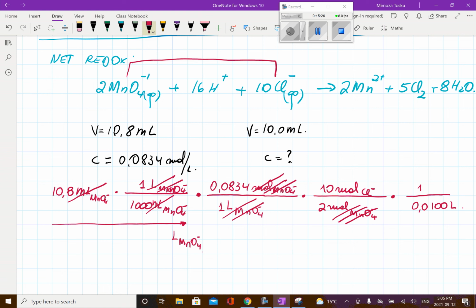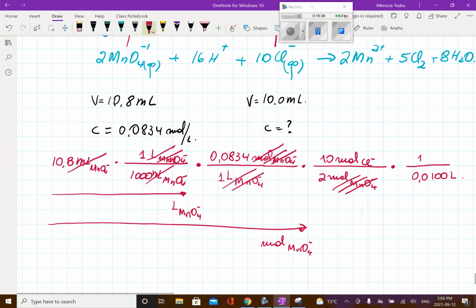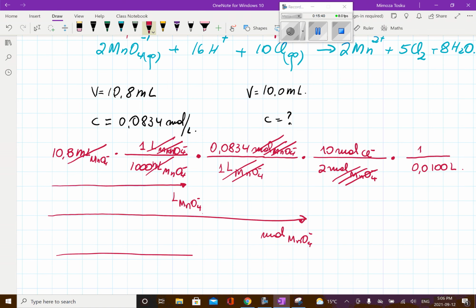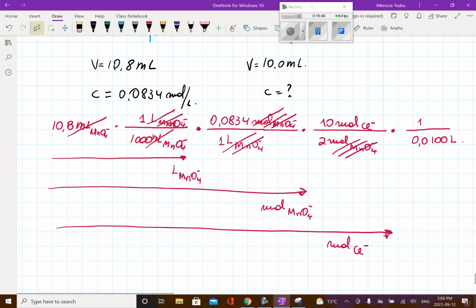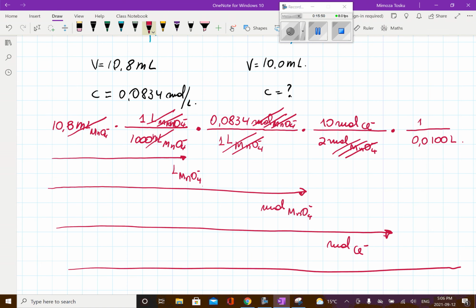So up to this point, we would have moles of permanganate, then moles of chloride, and dividing it by the volume, we will have moles per liter.